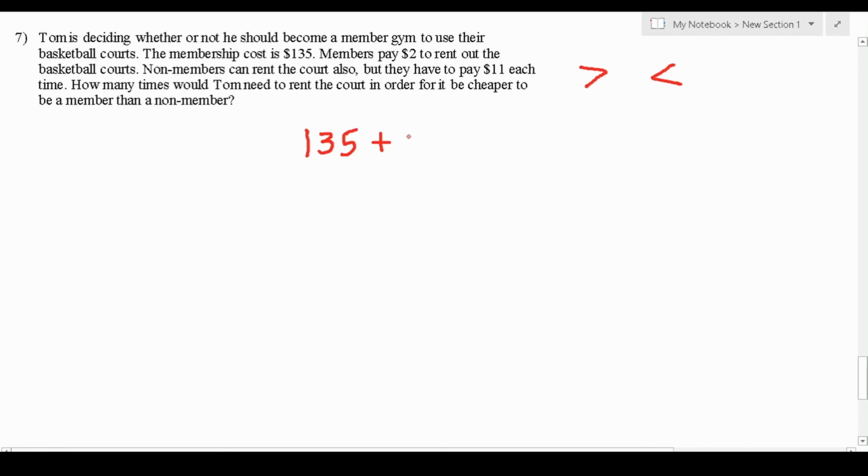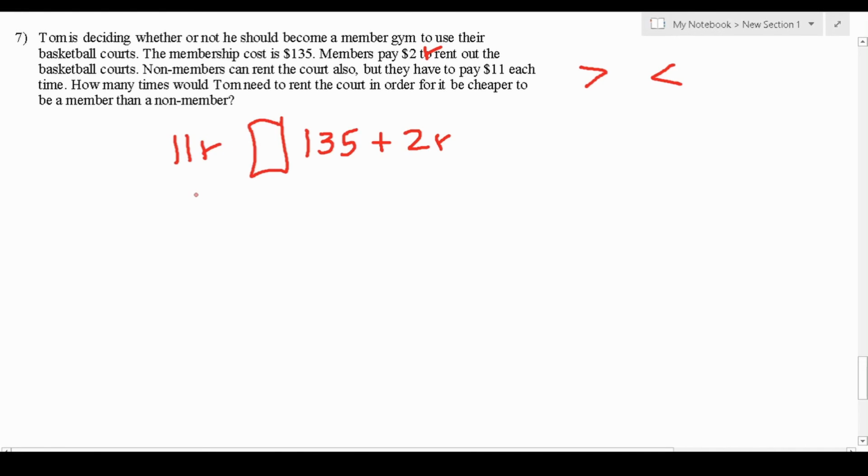So we'll represent that as 2R to represent the number of times to rent the court. So we're going to let the rental fee correspond to the variable R. And we're going to put our box down to figure out what inequality we're going to use. And we're also told, in addition, it costs 11R to rent the court each time.